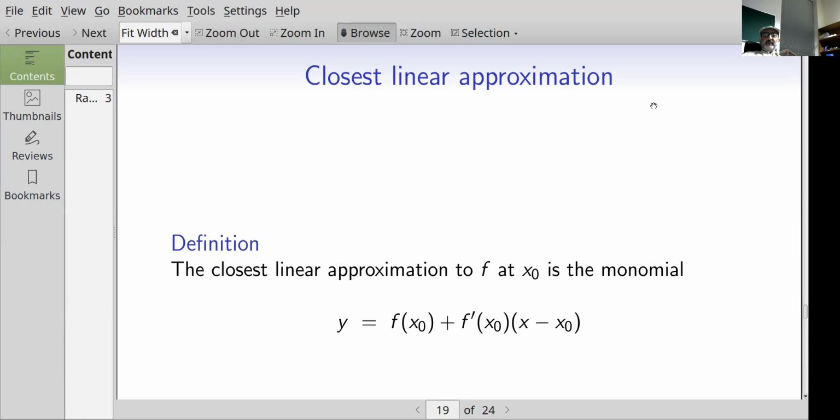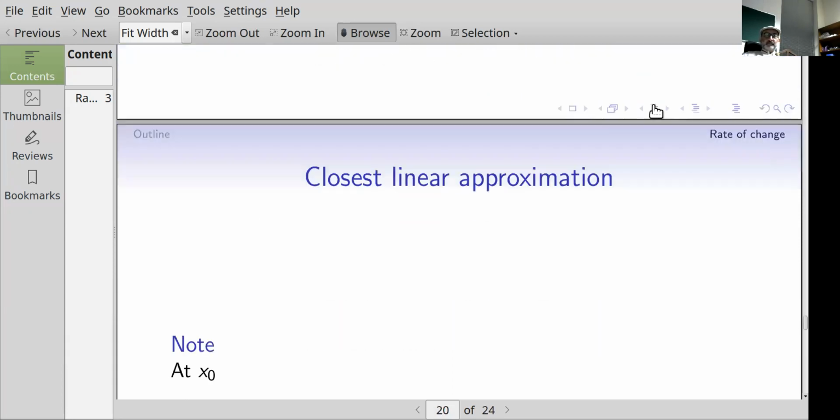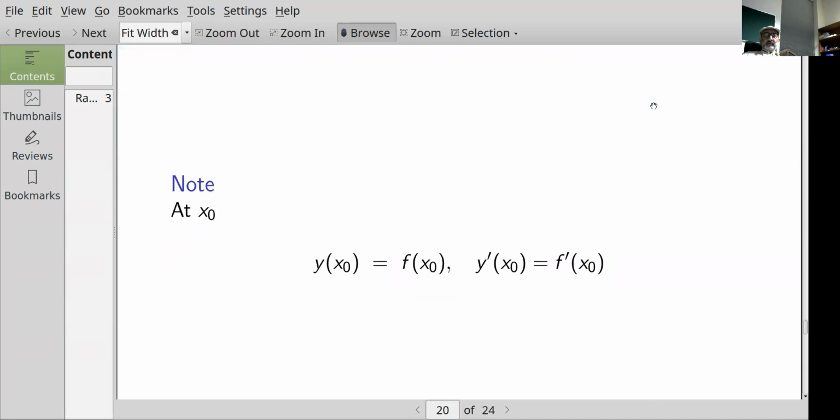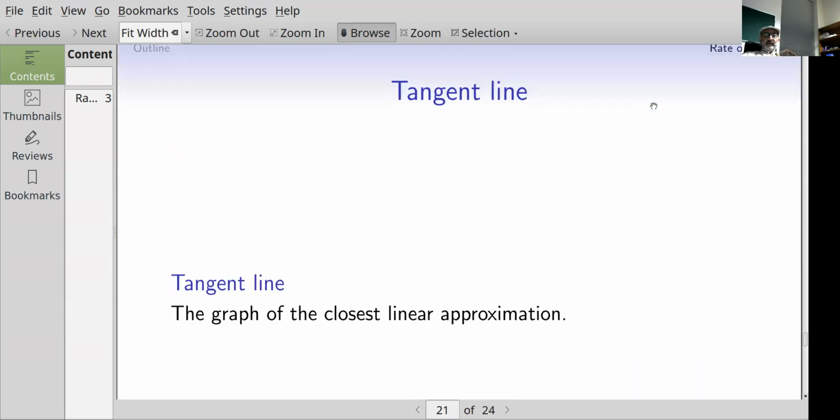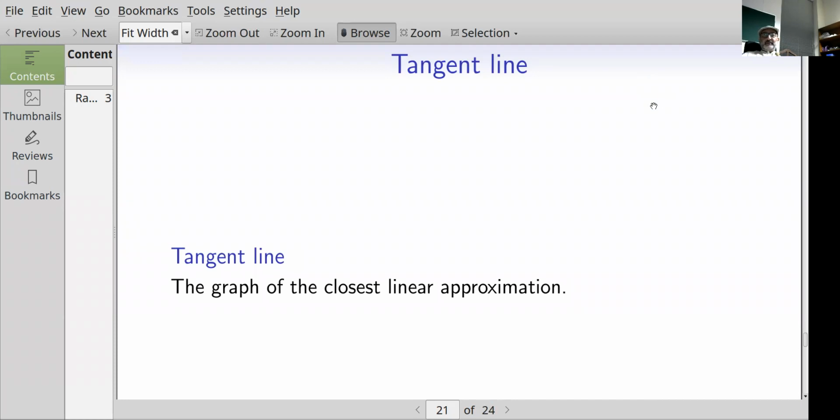So if f is some complicated function, we can use y to give us an approximation to values of f of x when x is close to x naught. Okay, and the graph of the closest linear approximation is called the tangent line, and it goes through the point x naught, f of x naught.